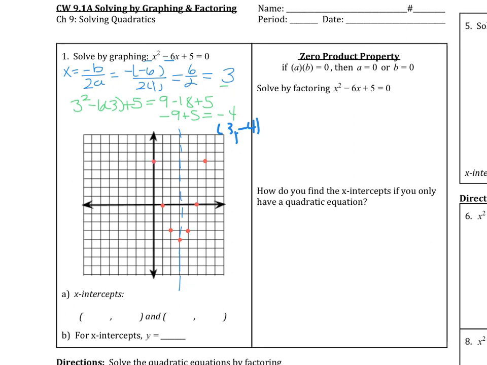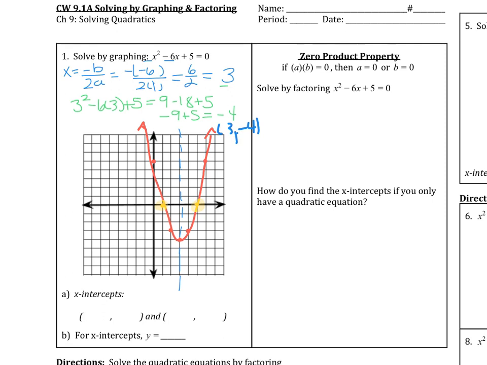So here is our graph of the parabola. So let me go ahead and fill it in. Okay, then we need to find our x-intercepts. So our x-intercepts are where it crosses the x-axis. So here and here. So where are those x-intercepts?